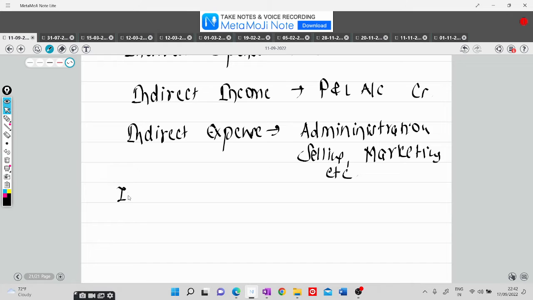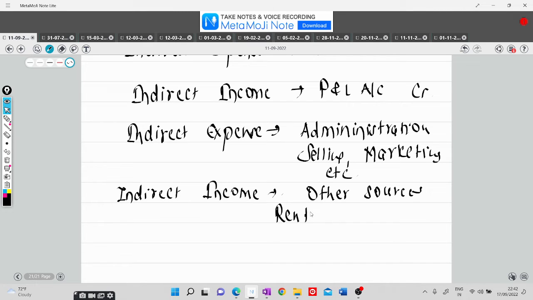Similarly, by indirect income we mean income that arises due to activities other than manufacturing, that is, income from other sources, such as rent received by a manufacturing company, for example an automobile company, and interest received.